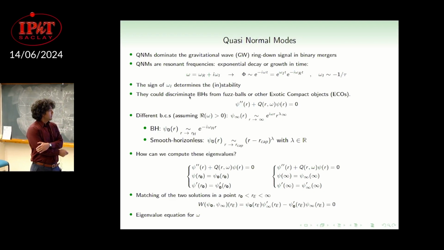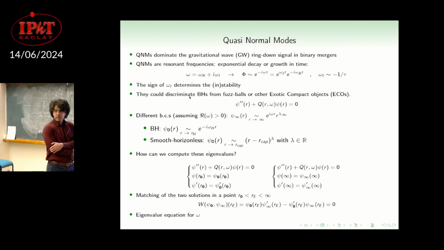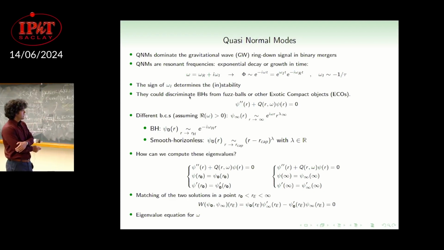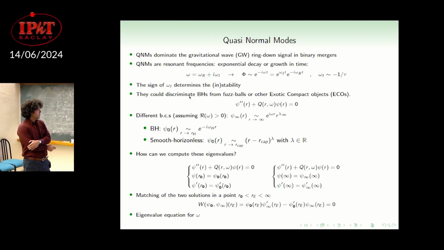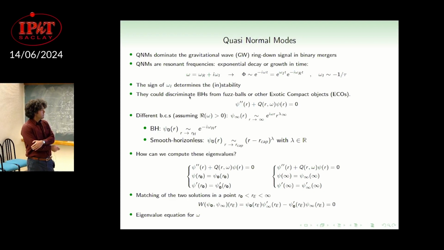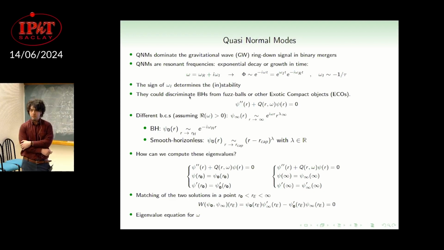So in order to obtain a single, unique solution, you have to impose the matching, and in order to impose the matching, probably the better thing to do is to construct the Wronskian of the solutions coming from these two differential problems, and then try to see where the zeros of the Wronskian are.